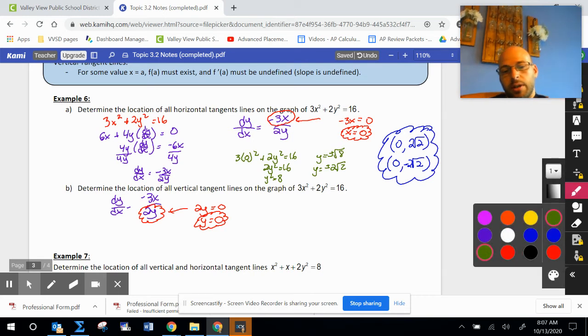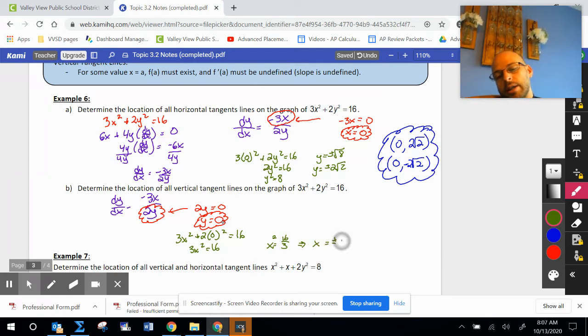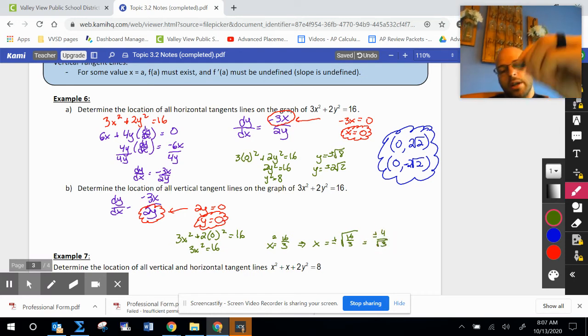Let me change over to my green pen. I'm going to have 3x squared plus 2 times 0 squared equals 16, or 3x squared equals 16. Divide by 3, I get x squared equals 16 over 3, which gives x equal to plus or minus the square root of 16 over 3. If you want to write that a little better, you can say plus or minus 4 over square root of 3, because we know what the square root of 16 is.